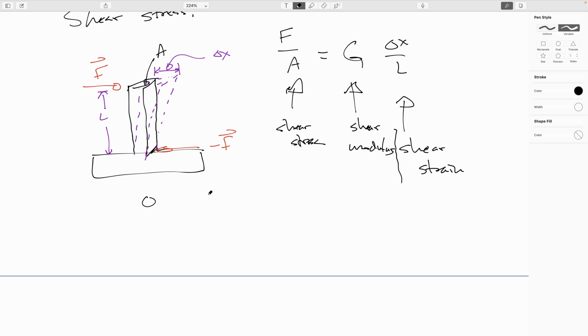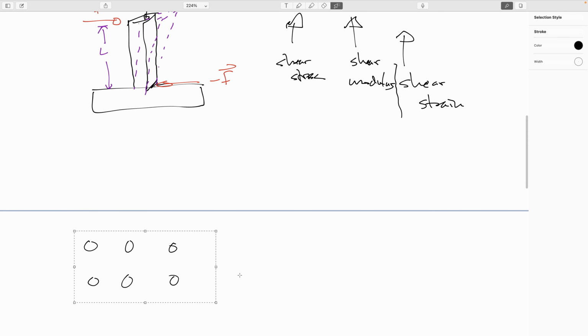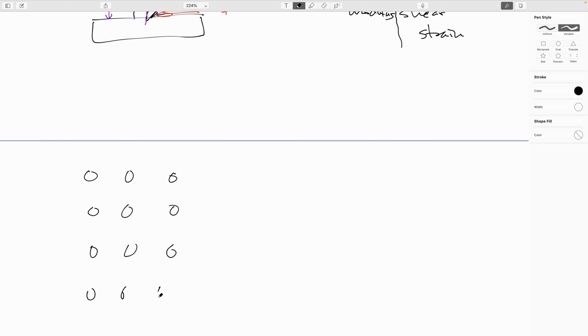Well, if we go and look at this atom by atom, let me just draw in a few more atoms like so. When I apply a shear stress, the displacements are going to look something like this.